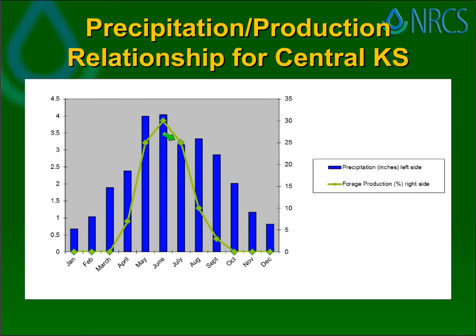What happens after July out here starts to occur, even if we get the precip, you can see that the production curve really doesn't respond favorably to the precipitation. So what I'm trying to explain here is that this precip is important for next year's growth.